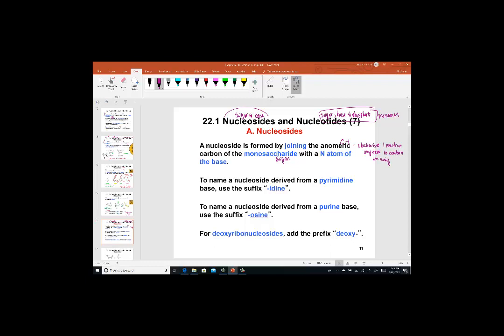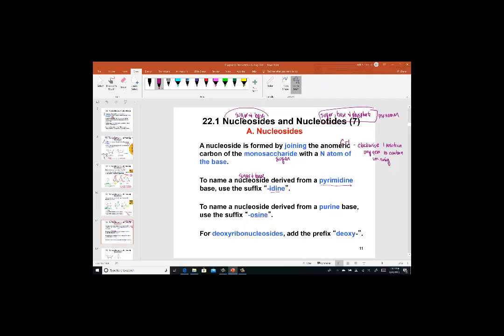To name the nucleosides that we're building, the nucleoside, of course, remember, is the sugar and the base. How do we name that? Well, if these bases are derived from the pyrimidine, you'll use the idine name.